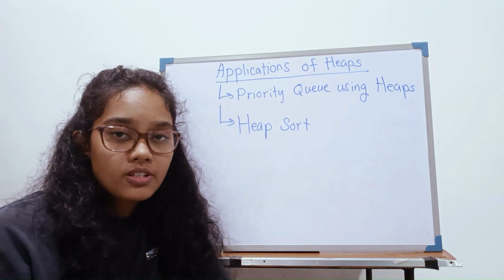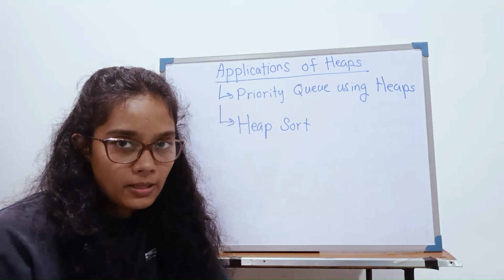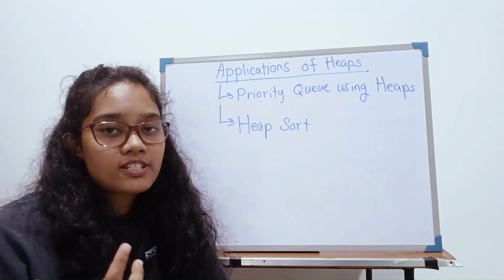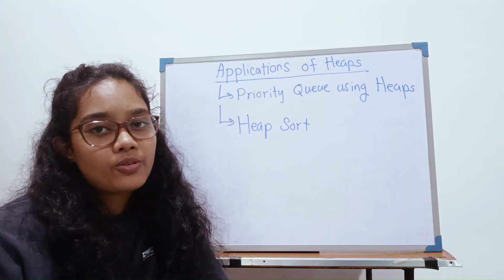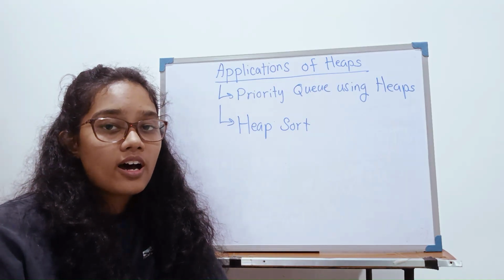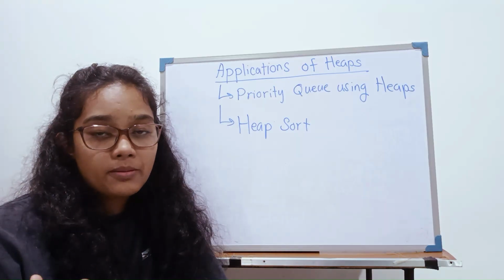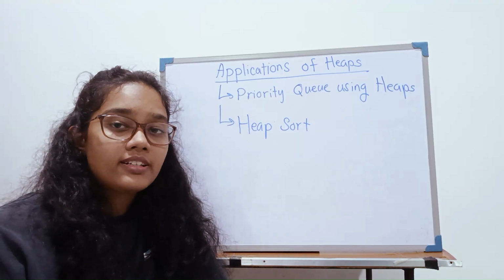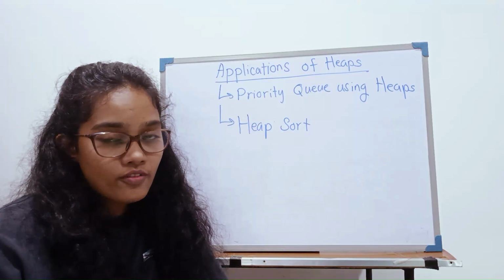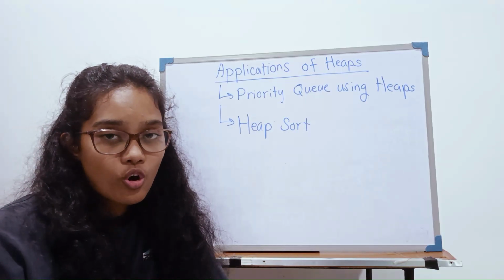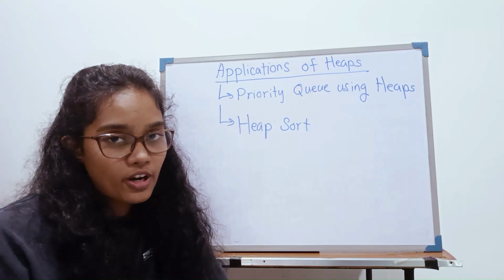So in heaps, if we take a max heap, it serves the element with the highest value as the highest priority element, and in a min heap it takes the element with the lowest value as the highest priority element.